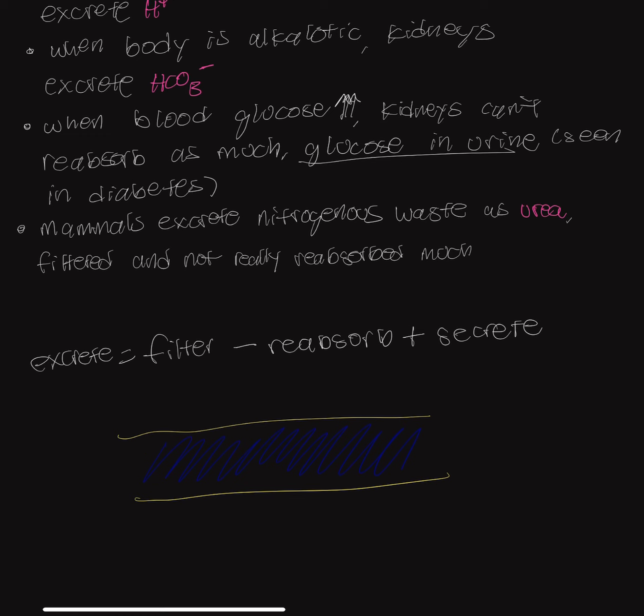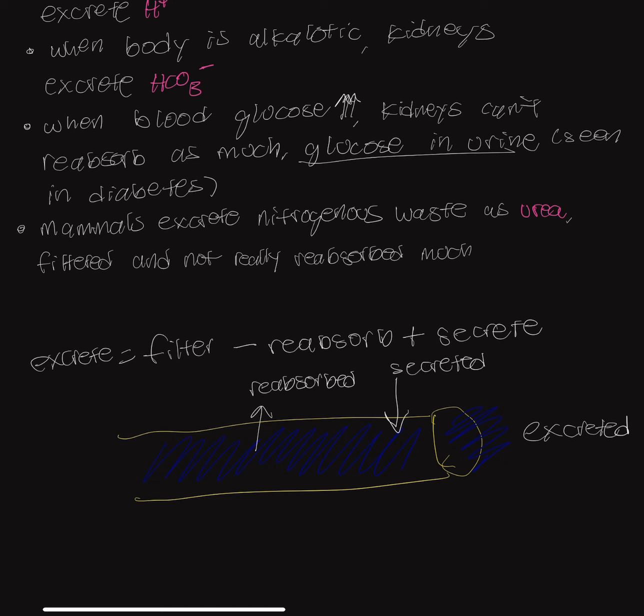Whatever ends up going out of our orifice, or whatever leaves our body, is what's excreted. Whatever re-enters is what's reabsorbed. Whatever's pushed in from the blood is what's secreted.